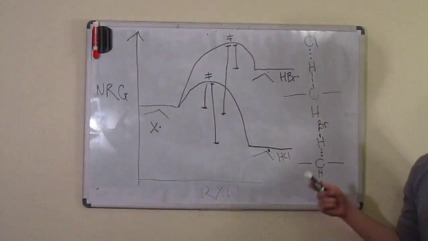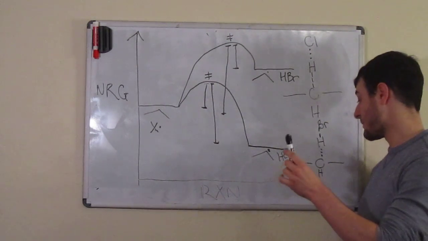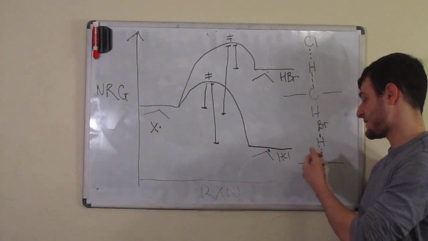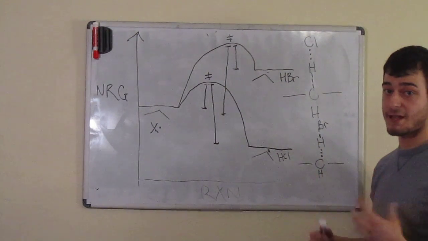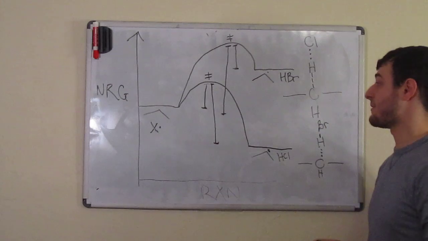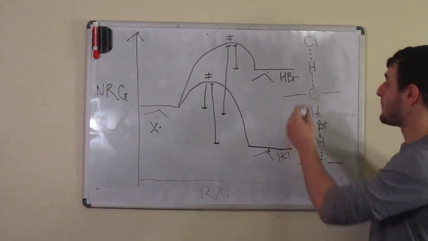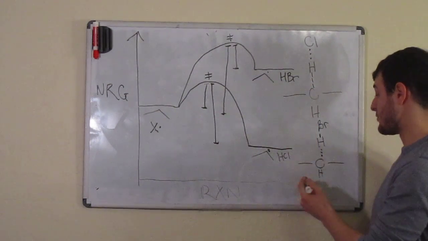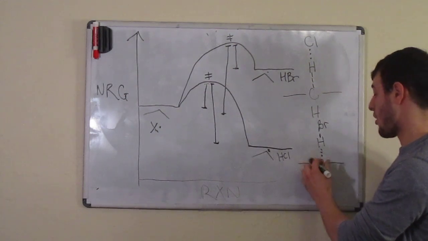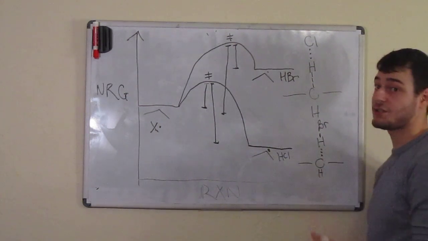Now we have to think back to what I originally said. If you remember, the secondary carbon is going to stabilize a radical better than a primary carbon. So we already got that out of the way. In these two being compared, there's much more radical character on the carbon during the bromination reaction.